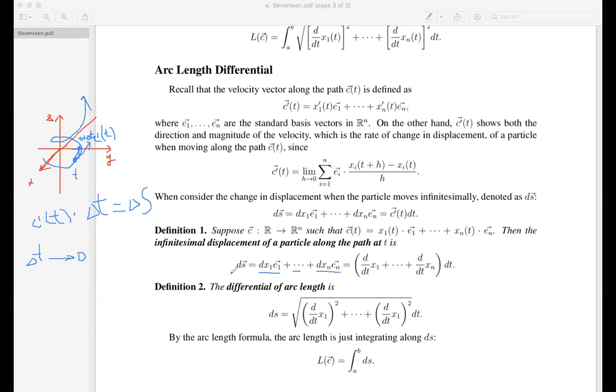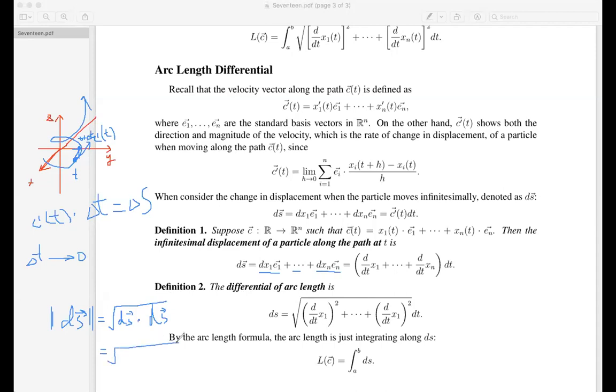Okay, so we can calculate the length of all these vectors ds, right? Because the length of ds basically is the square root of the dot product of vector ds.